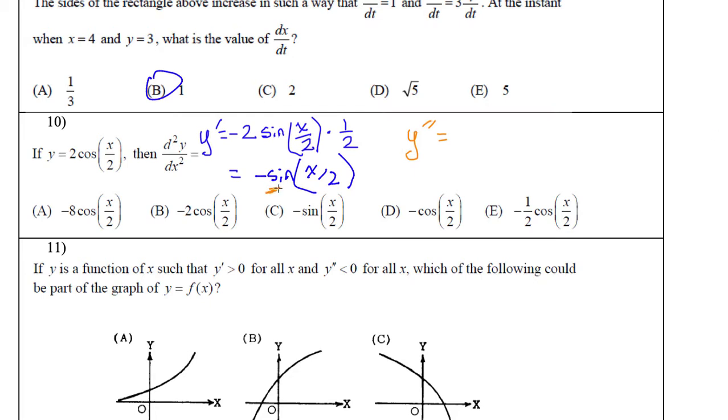S stands for same sign, so it's still going to be a negative cosine of x over 2. And don't forget your dinner, which is 1/2. So -1/2 cosine x over 2, correct answer is E.